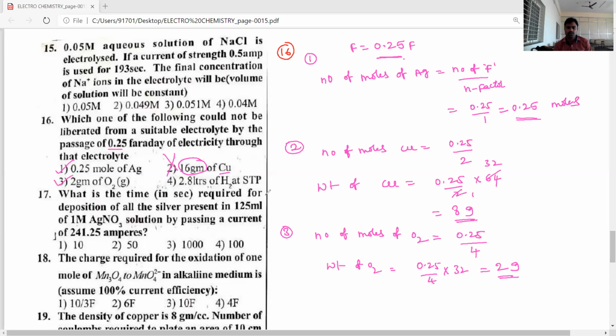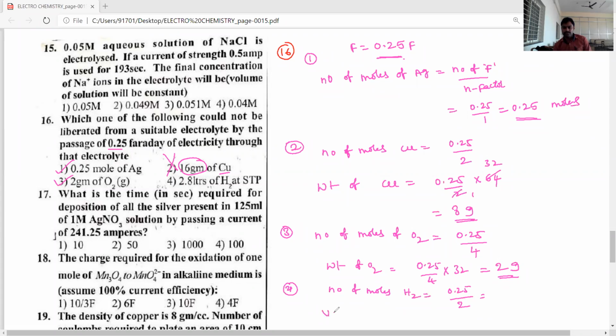Will 2.8 liters of H2 be liberated or not? Let's check the fourth one. The number of moles of H2 is equal to 0.25 Faradays by n factor of H2; for hydrogen it is 1, so for H2 it is 2.